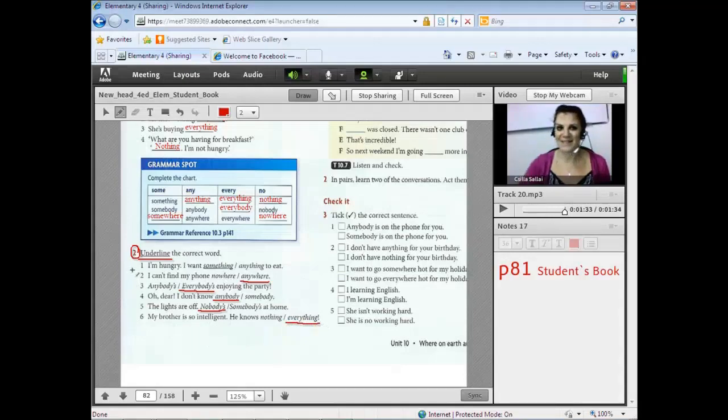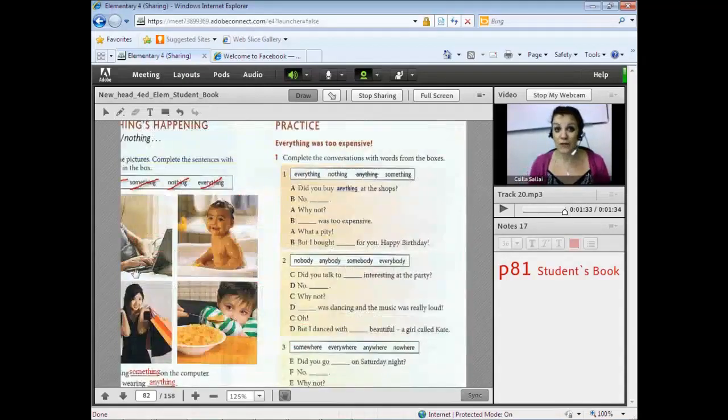Well done. Now I want your teacher to put you in pairs because you're going to practice together with your partner all these words in some conversations. Okay, but before we actually practice the conversations, you are going to complete these sentences. So look at exercise number 1 on the same page, up here, number 1.